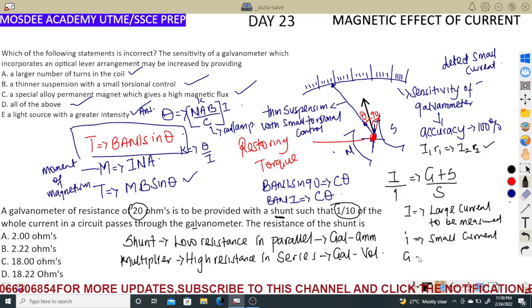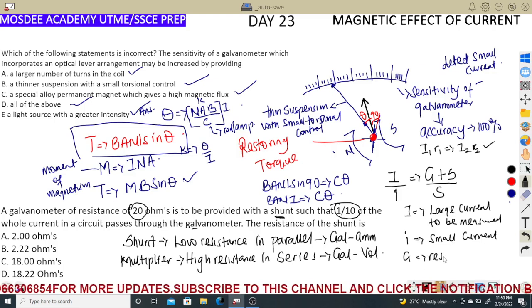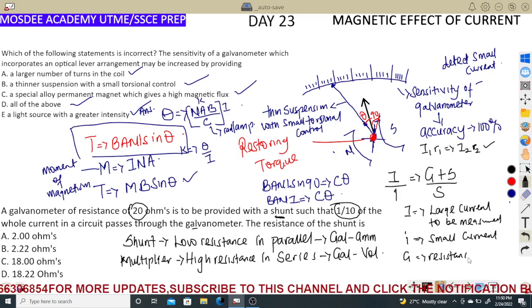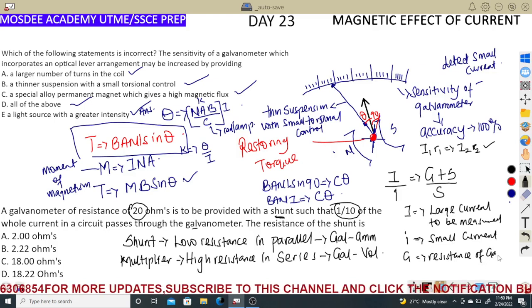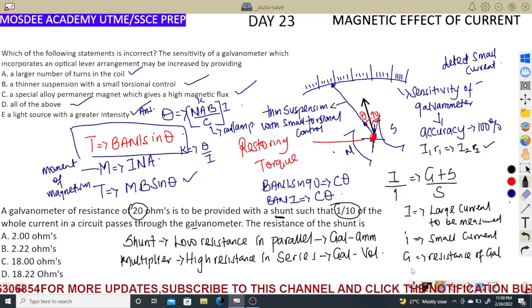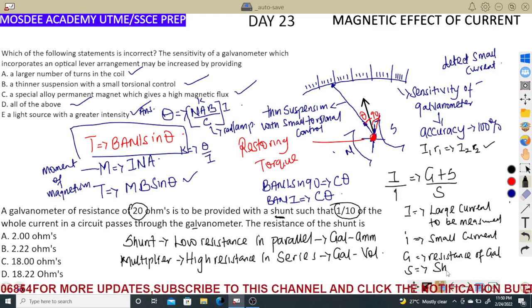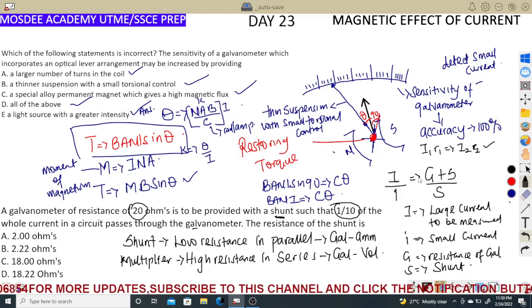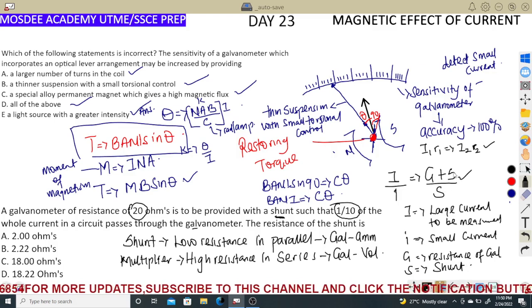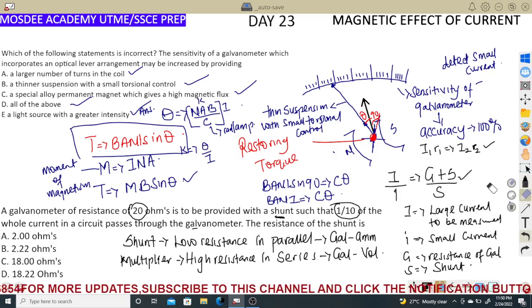G means the resistance of the galvanometer, and S means the resistance of the shunt. So use this whenever you are converting a galvanometer to an ammeter directly, and you won't have problems.